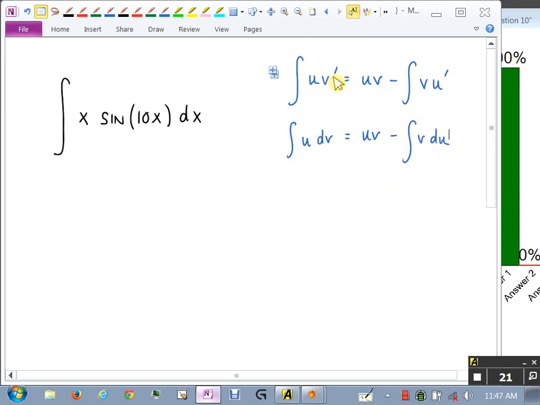See, v prime is the same as dv, right? The derivative of v. And then over here, u prime is du. So this is better if you're trying to do uv minus integral v du. It makes a little more sense, right? And this is really what I think I'll use for the rest of the class. I won't use the prime notation, right? I'm just using a different notation right there.